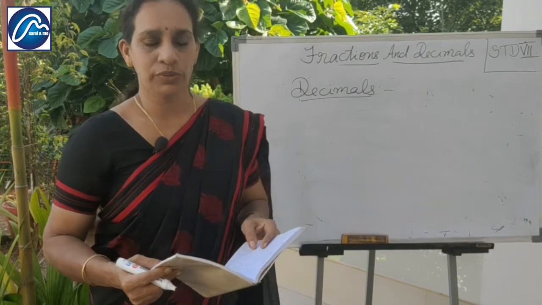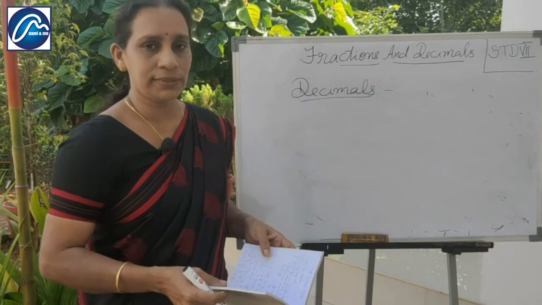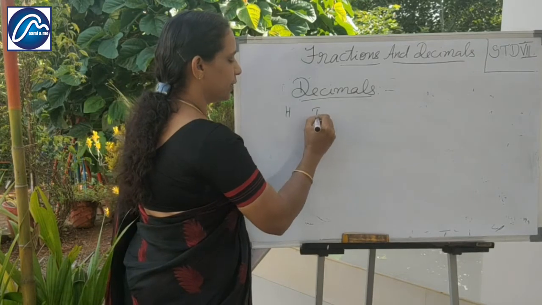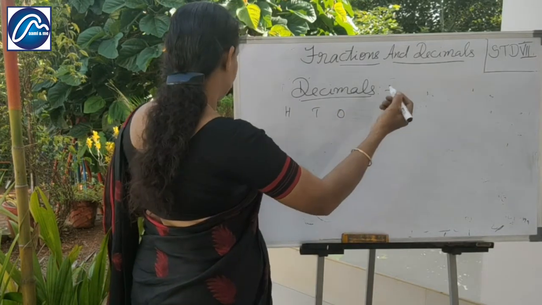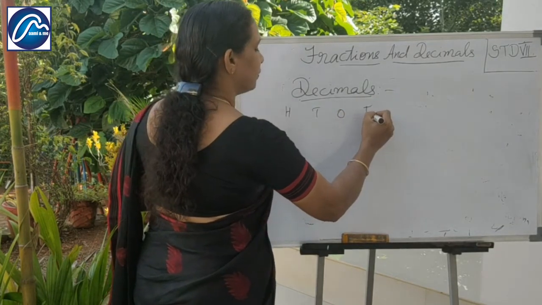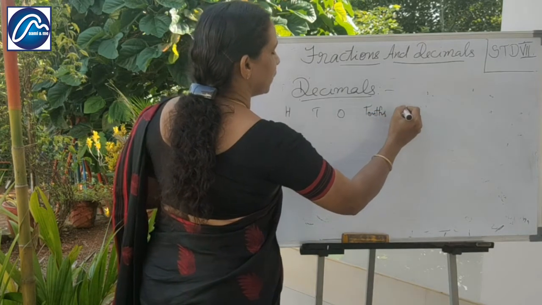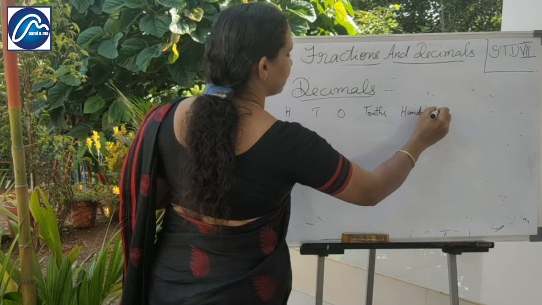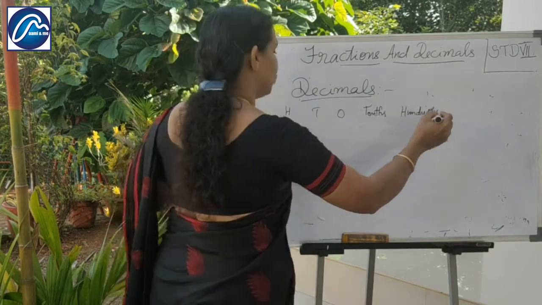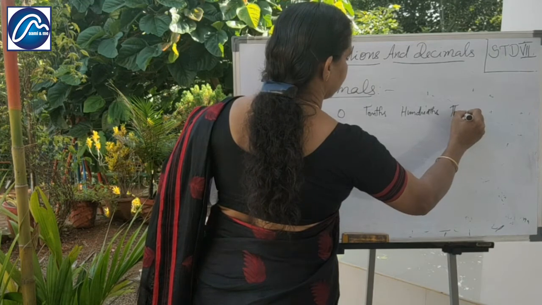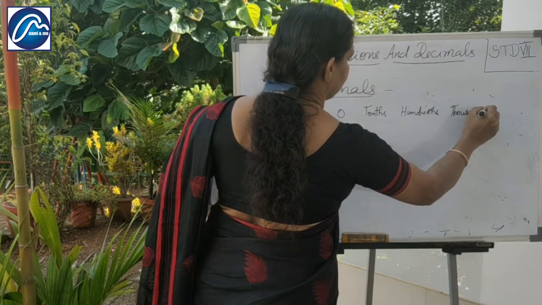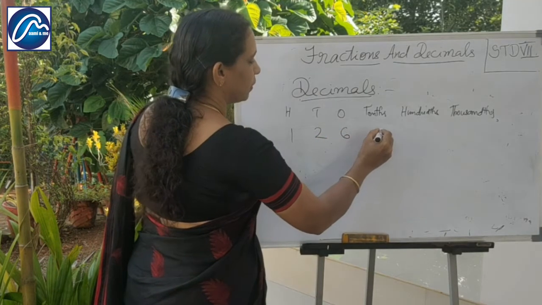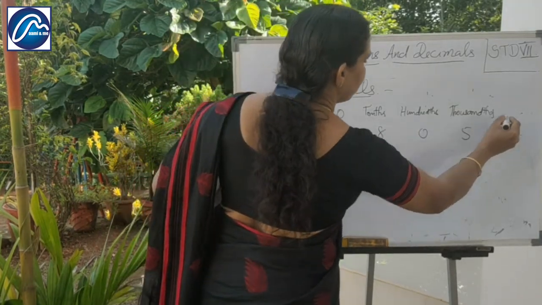Okay, how to put a decimal? Here is an example in your textbook, giving hundreds, tens, ones, then tenths, hundredths, thousandths. Okay, 1, 2, 6, 8, 0, 5.